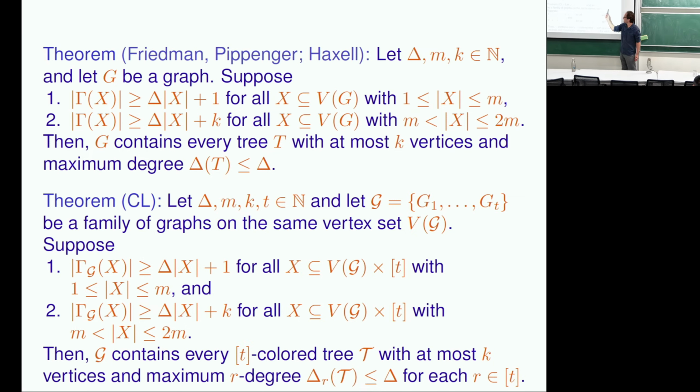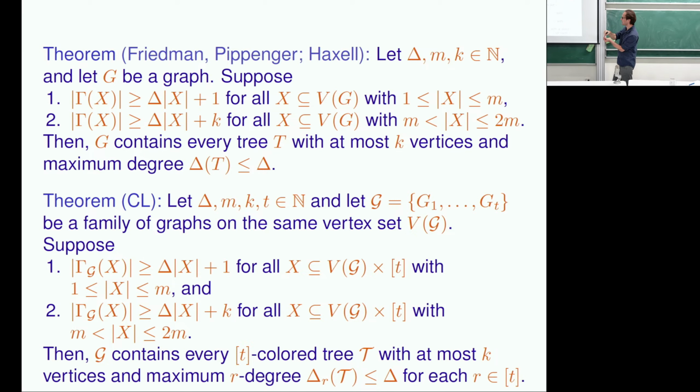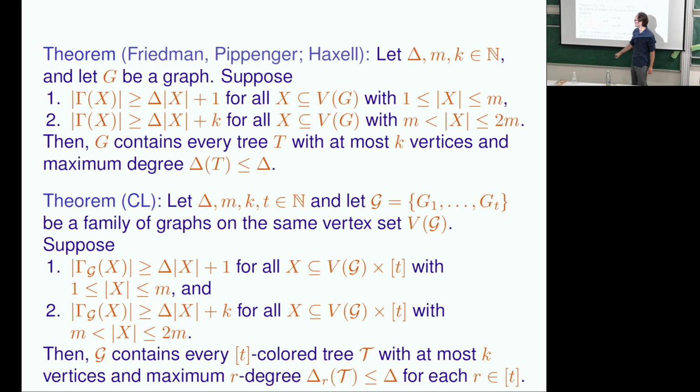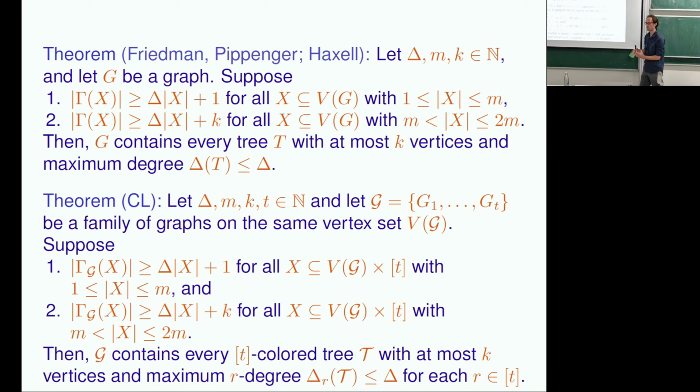Our family of graphs shares the same vertex set. But we're looking at a set X of vertices, where each vertex is labeled by some distance. And when we ask what is the neighborhood of this set of vertices with the labels, you have to follow the labels: if you look at a vertex, you're only allowed to use edges with the color of the label that vertex has.